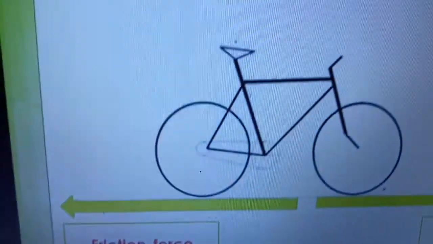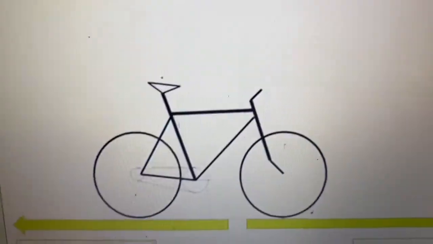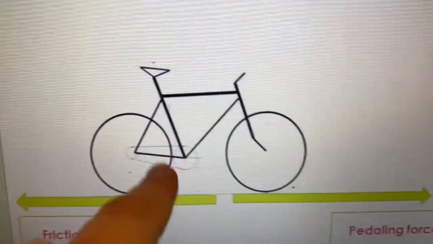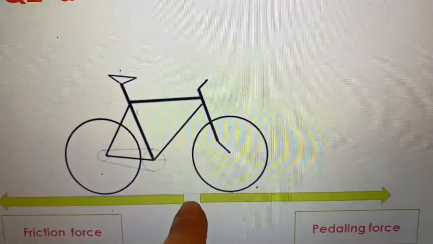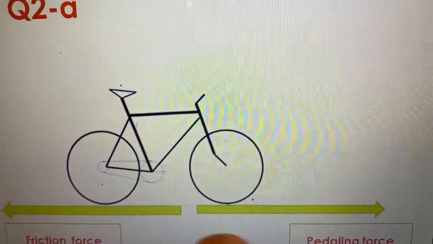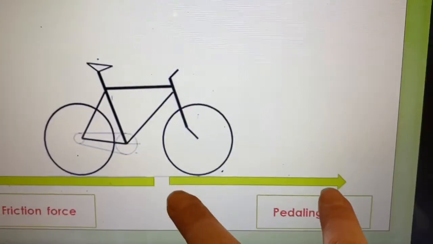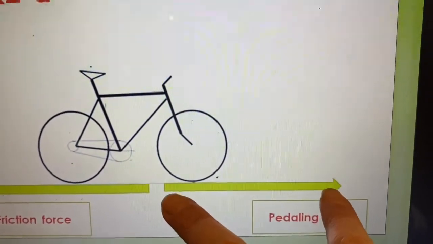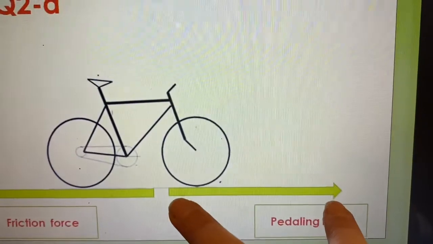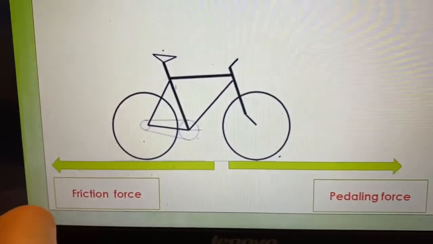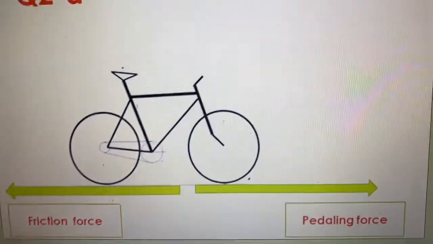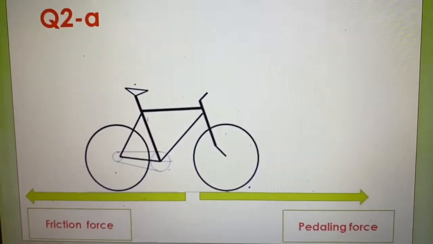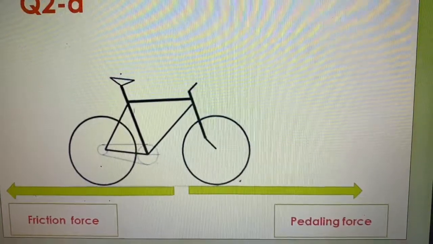You will draw this bicycle. Now the cyclist is pedaling with a big force. As much as you draw the force, there should be an equal force going in the other direction. And this force is called friction force. So this is the answer for question 2A.